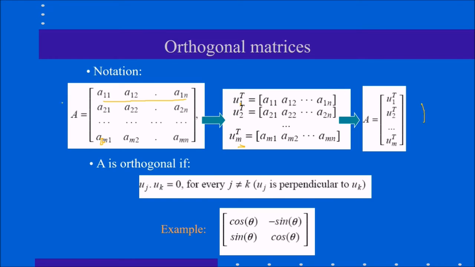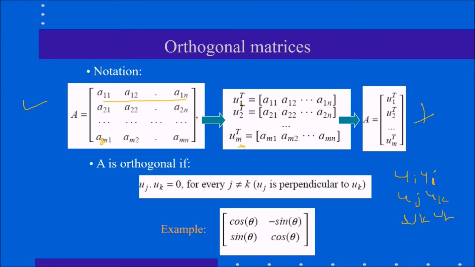So A is orthogonal if uj dot uk is equal to 0 for every j not equal to k. So for any two of these, A is orthogonal if uj dot uk is equal to 0, because j should not be equal to k.